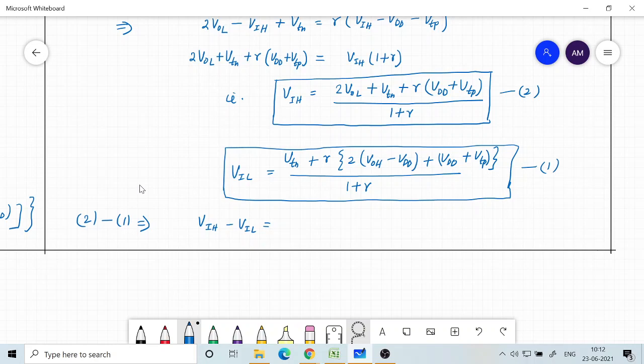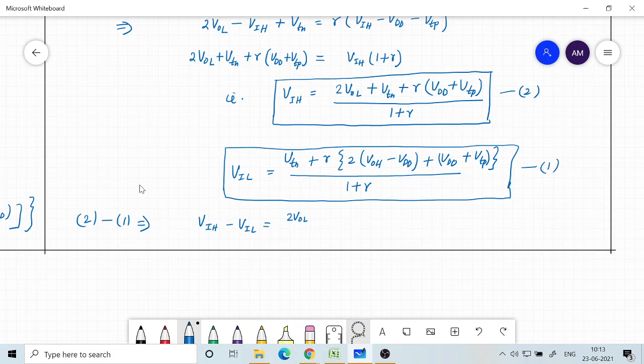Okay, so let's write what is remaining. This 2 VOL will remain. VTN will get cancelled from equation 2, and R into VDD plus VTP will also get cancelled. So from equation 2, what is surviving is 2 VOL. Everything else will be gone by the cancellation with equation 1.